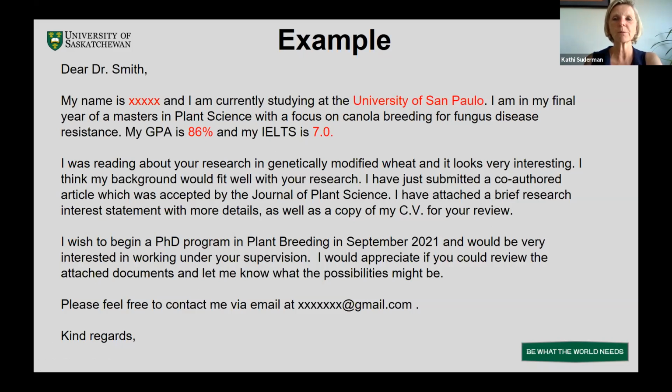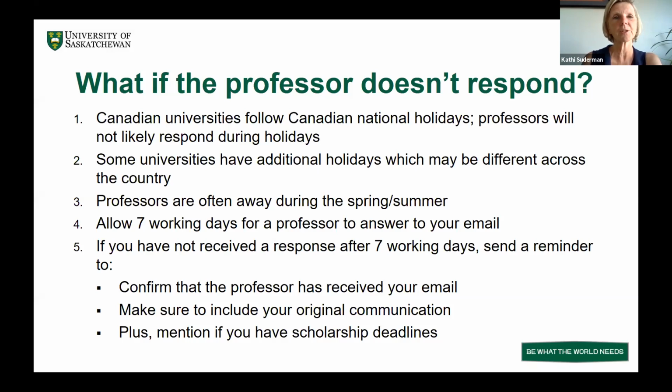Any papers or journal articles that are published, accepted, or submitted could be listed here. Or it could be conference papers that you've given or scholarships that you've received. And then finally, at the end, you want to say exactly what program you're interested in and when you want to start. So there's a very brief example of your first email to a potential supervisor.